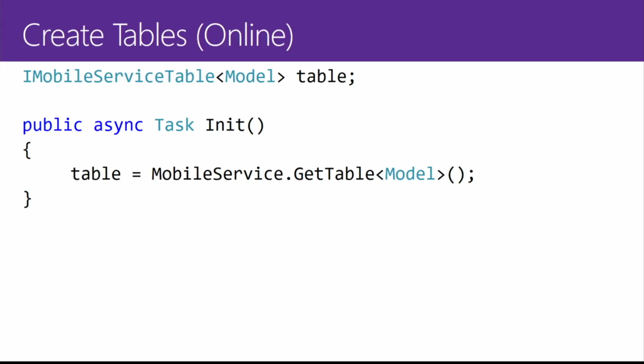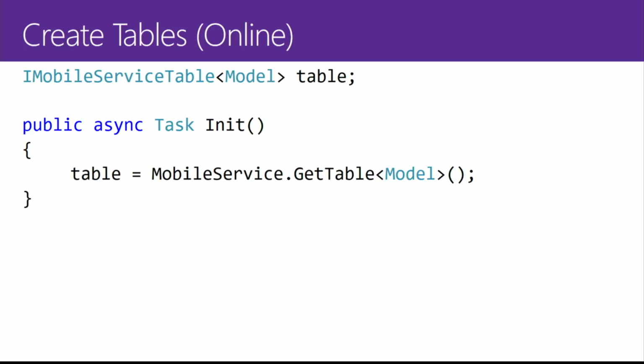Now that I've got a table, or at least I will have once that backend is deployed, I'm going to want to be able to access it. There are two ways of accessing tables. So you get to decide which data you want to provide as offline and which type of data you want to provide online. Sometimes historical data, you only want to be able to search online because of the space constraints of a mobile device.